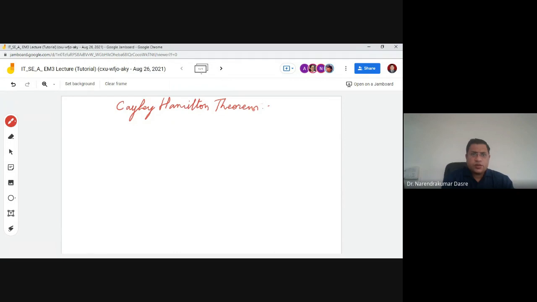Okay, so we'll try to understand what the Cayley-Hamilton theorem is. This theorem is very useful in understanding the miniaturization of the system. A matrix can be used as a filter, and using this filter several times in several combinations, in linear as well as non-linear ways, helps us to get the filtered output.